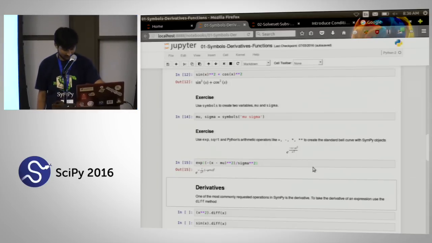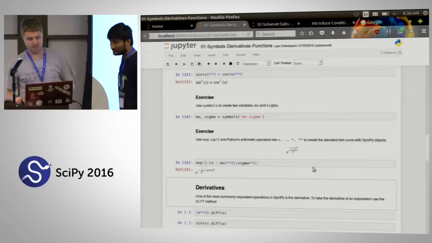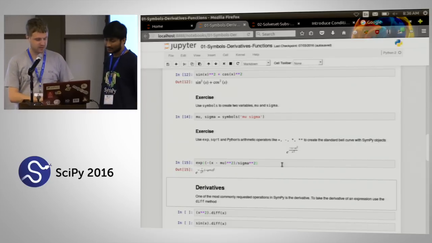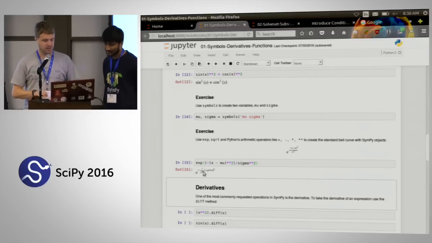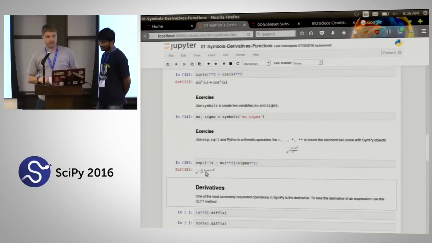Oh, I see. So the printing is technically separate from the internal representation. It is possible.